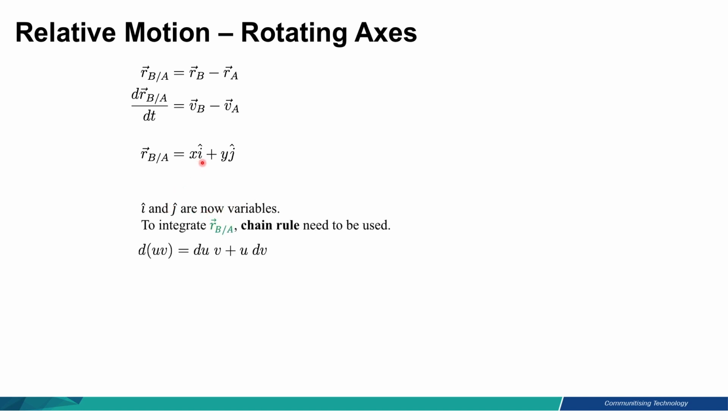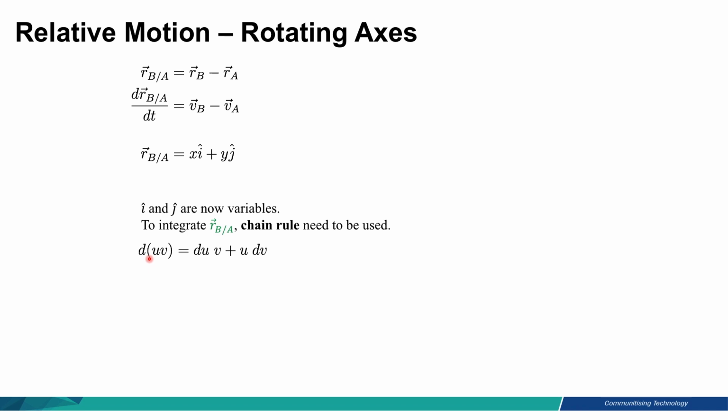And since the axis is now rotating, not only the x and y components are functions of time, but also the i and j components are changing with respect to time. So i and j are also variables, and to differentiate this as before is wrong. To differentiate RB/A to get the velocity, we need to use the chain rule.